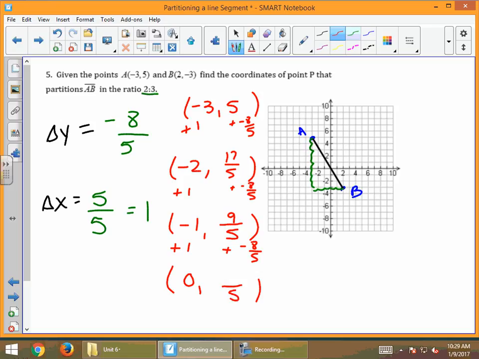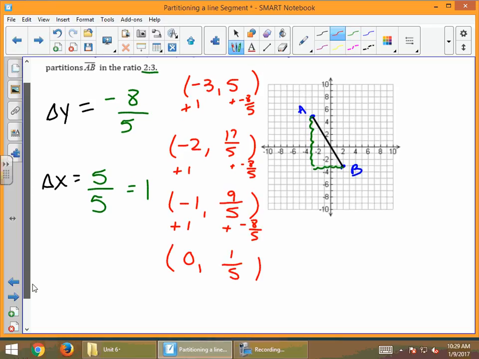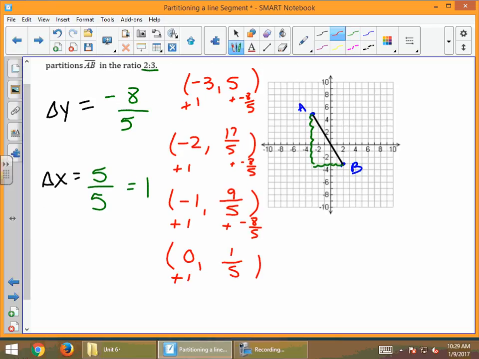What's 9 plus -8? 1/5. Keep going, not quite there. 0 plus 1 is 1. What's 1/5 plus -8/5? The bottom stays the same. Combine the top. 1 plus -8 is -7.